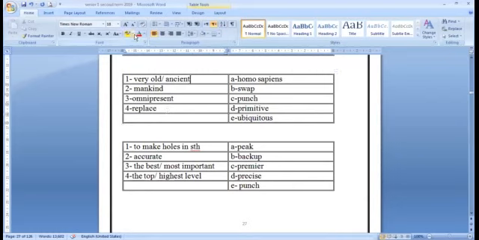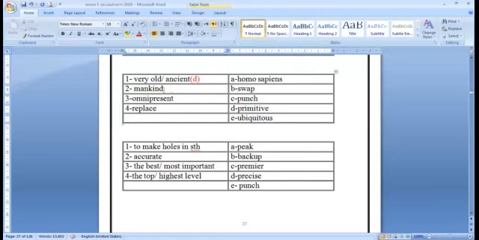So what is the most appropriate synonym for very old or ancient? You have Homo sapiens, swap, punch, primitive, and ubiquitous. Yes, very good. The answer for the first one, very old or ancient, is primitive, D.